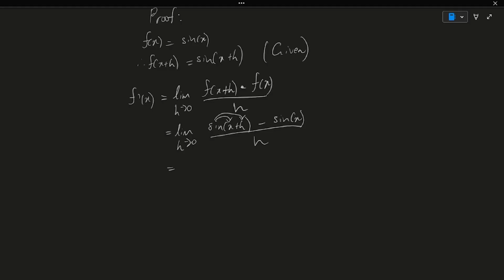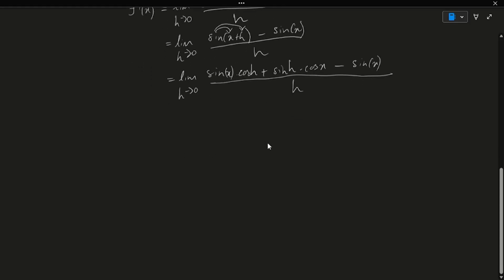So what we're going to say is the limit as h approaches 0, and then using trig compound identities, I'm not really sure of the name, this is going to be sine x cos of h plus sine h cos of x, and then we say minus sine x that was already there. So apologies for the inconsistency in the parentheses. And then we have divided by h.